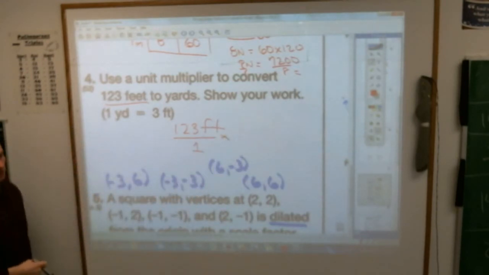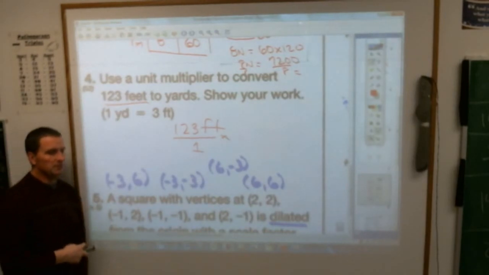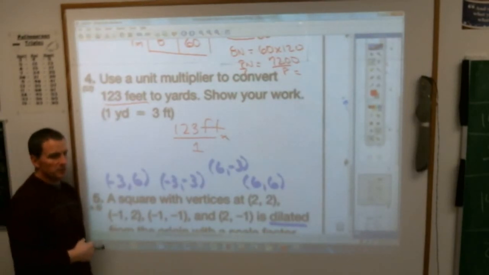What's the next thing I do with unit multipliers? You try to cross cancel. I don't have anything to cross cancel yet, so what would be the next thing you would do?